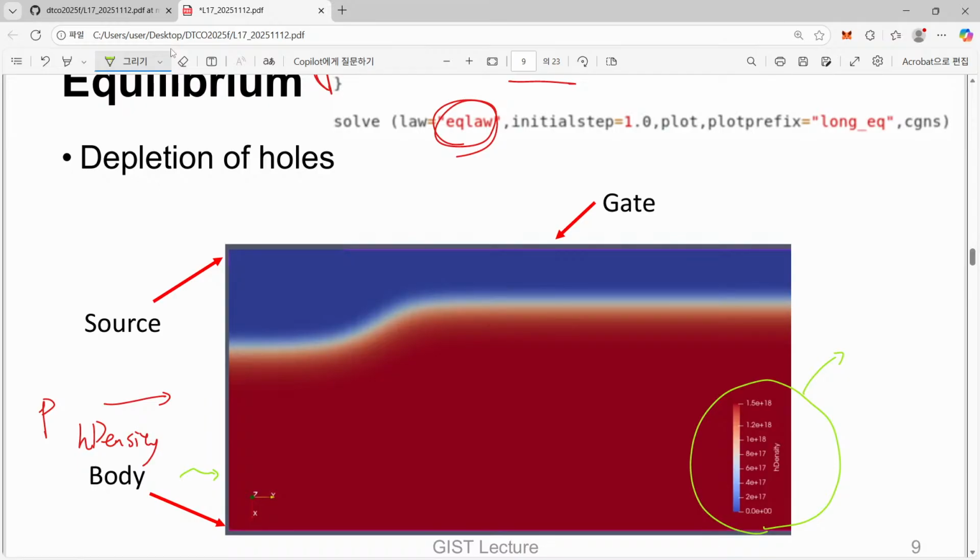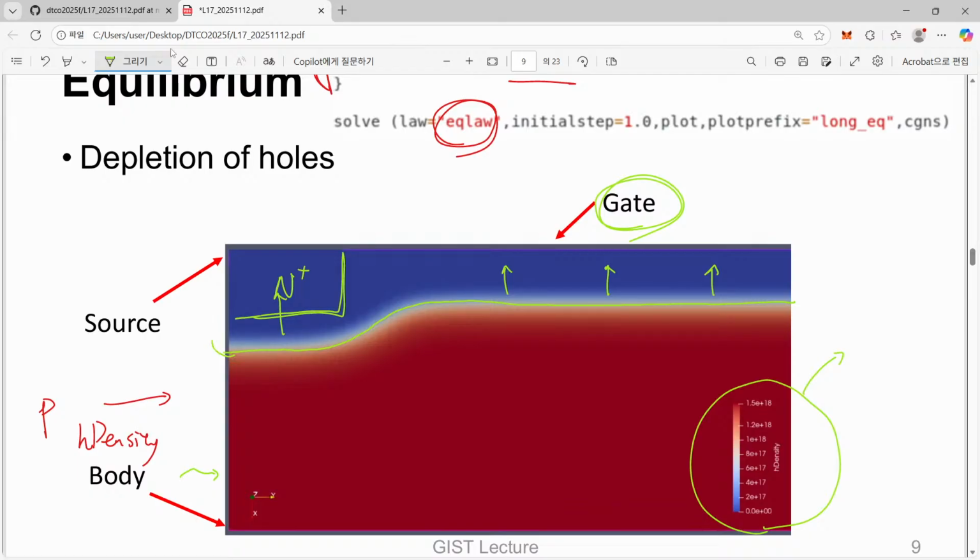However, what is it? This is corresponding to the depletion. Here, beyond this point, we have almost no hole at all. And why that happens? Because here we have a gate, and here we have n plus region. So this n plus region just pushes away our holes.